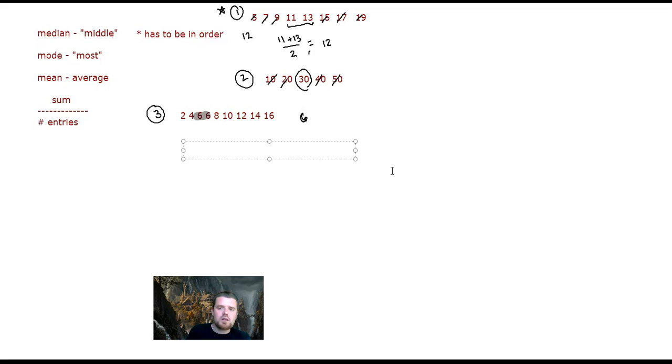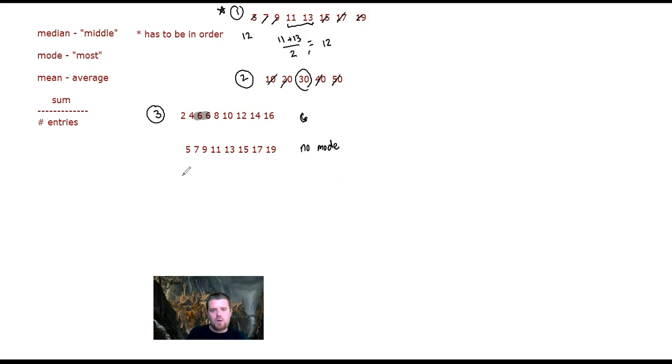So in examples 1 and 2, if I look at these, each of these are only occurring once, 5 through 19 odd, for instance. Each number occurs only once. Therefore, my answer here, I would just say there's no mode. So if every number occurs just once, then you would say no mode.